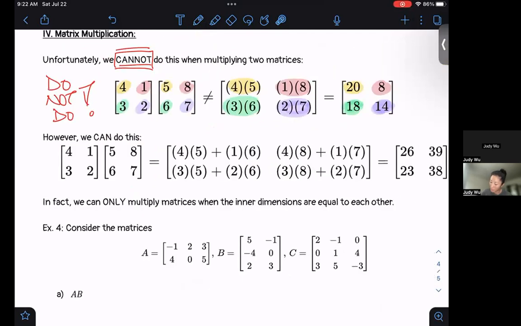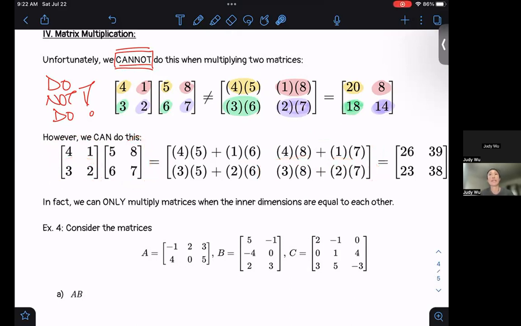Then we take the second row and the first column to give us the entry in the second row, first column. Then we take the first row and the second column to find the entry in the first row, second column. And lastly, we take the second row and the second column to get the entry in the second row, second column.